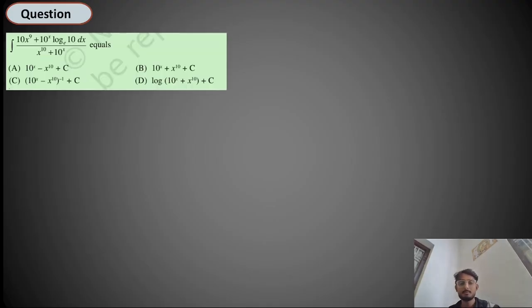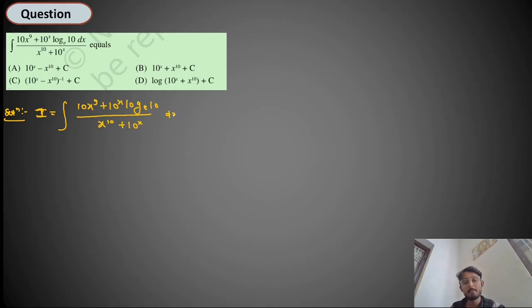This question, okay, how can you solve this question? So first of all, I is given as integration of (10 x raised to power 9 plus 10 raised to power x log base e 10) upon (x raised to power 10 plus 10 raised to power x) dx. How can you find the solution?